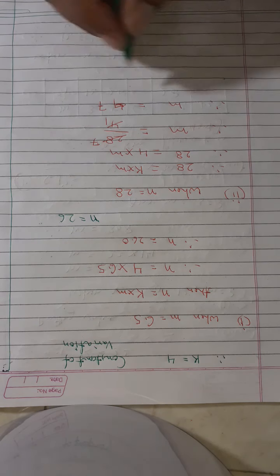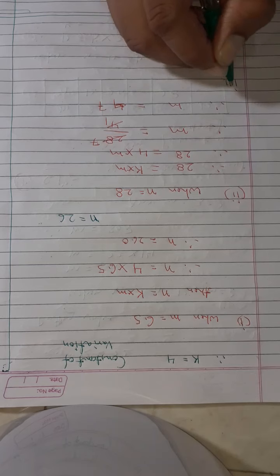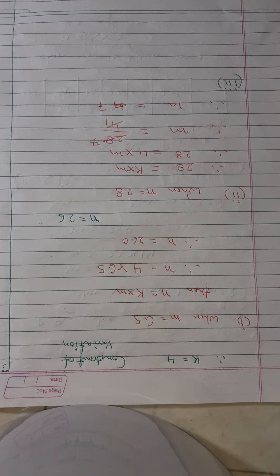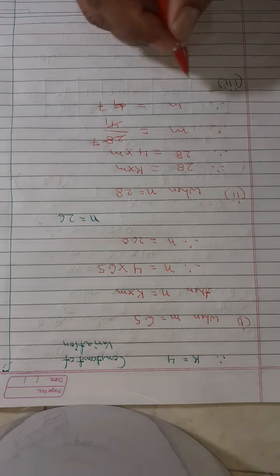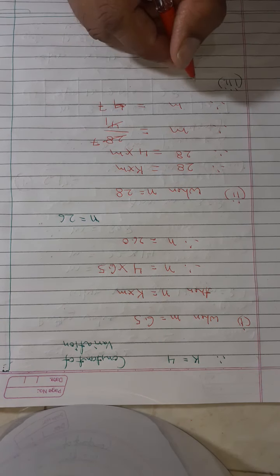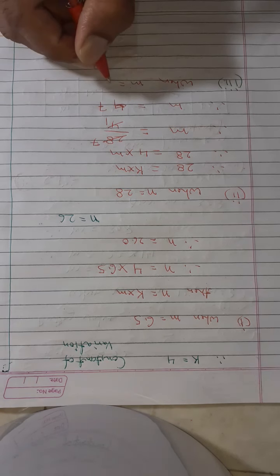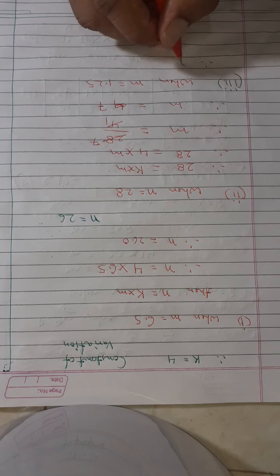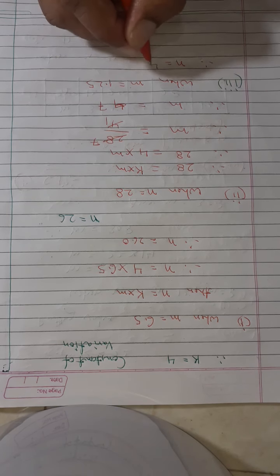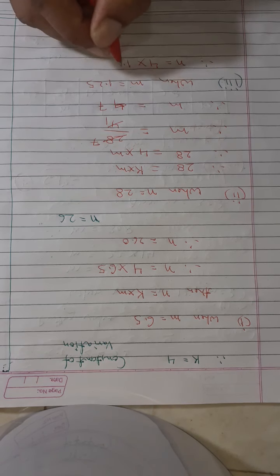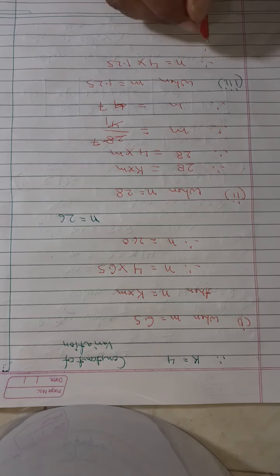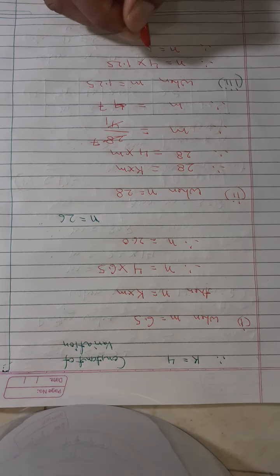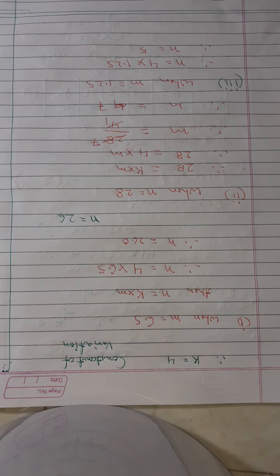Now come to the third part. Third part is when m is equal to 1.25. When m is equal to 1.25, therefore n is equal to 4 into 1.25. Therefore n is equal to 5. Clear?